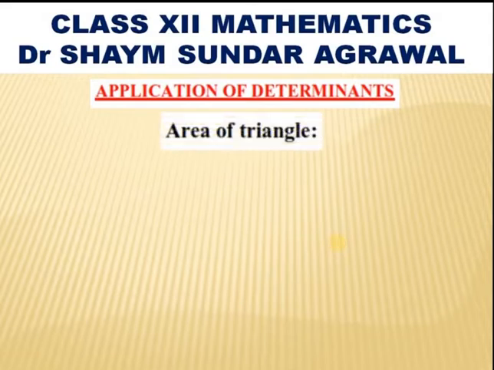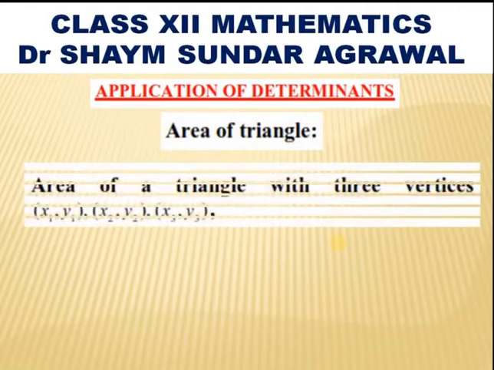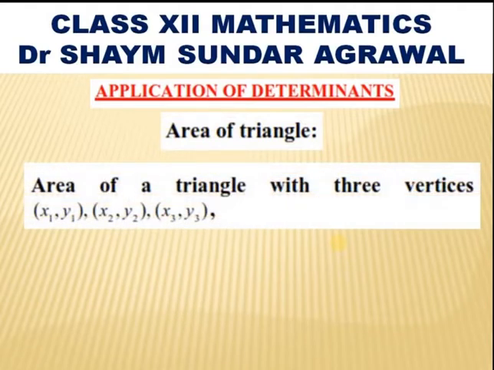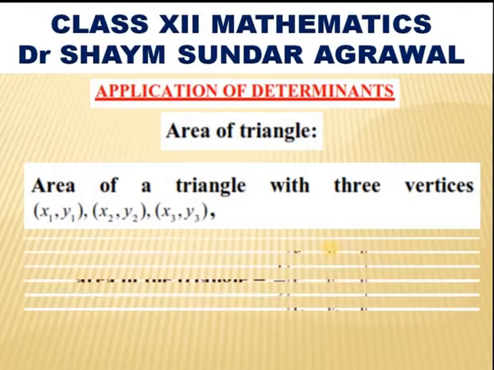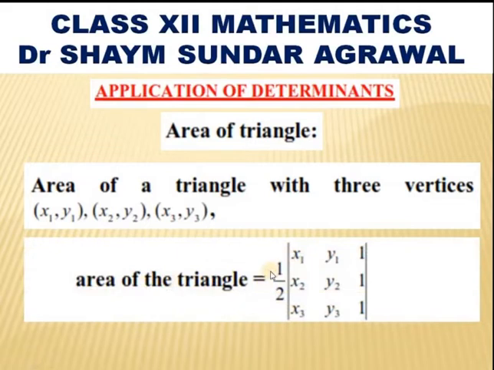The first application is area of a triangle. Area of a triangle with three vertices (x1, y1), (x2, y2) and (x3, y3) is half into the determinant of x1, y1, 1, x2, y2, 1, x3, y3, 1.